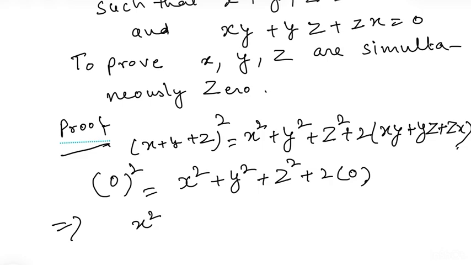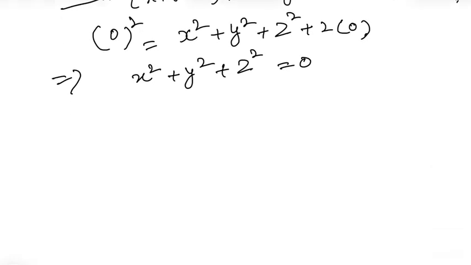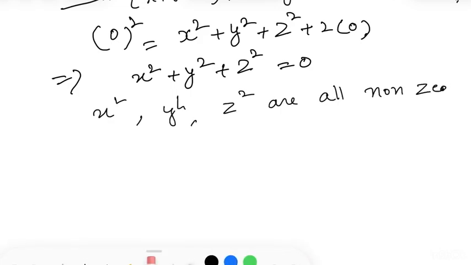This implies x square plus y square plus z square is equal to 0. देखिए, square of every rational number is positive. So x square, y square, z square are all non-zero numbers. Non-zero नहीं, non-negative numbers.